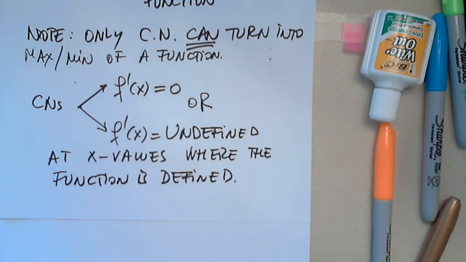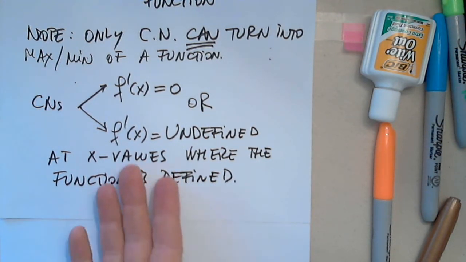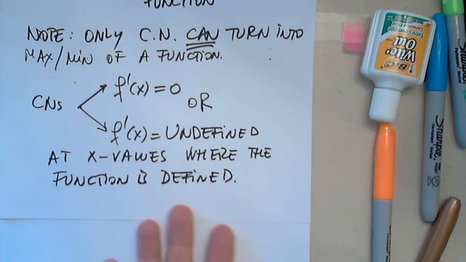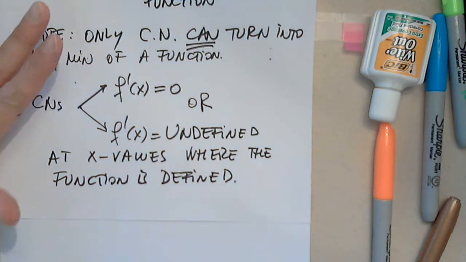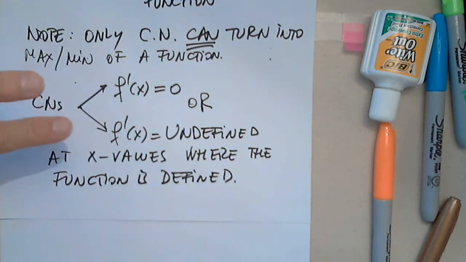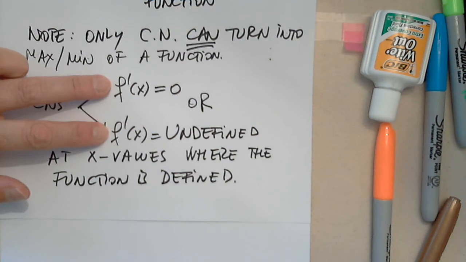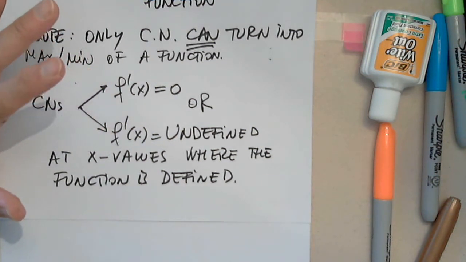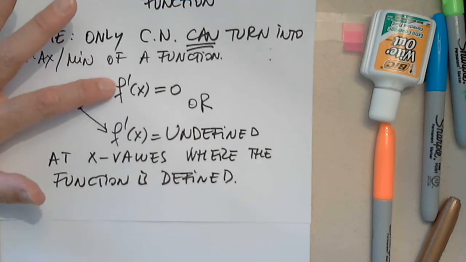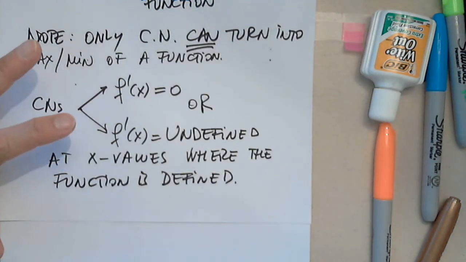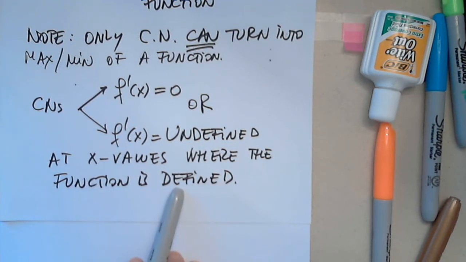If a function is not defined at a point, that cannot be a max or a min. So a function can have critical numbers coming from f prime being 0, and also from f prime being undefined, where the function is defined.